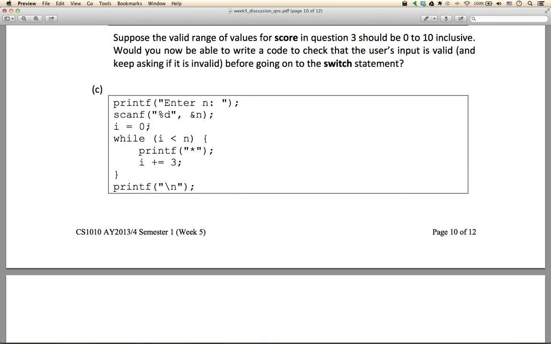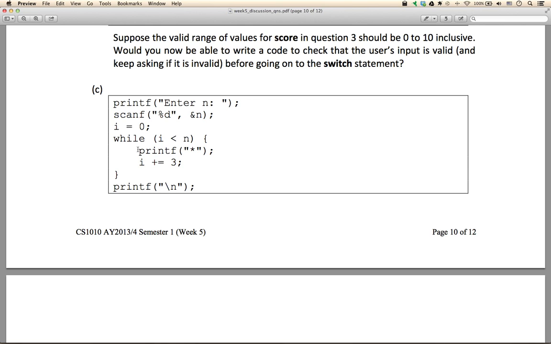In part C, first of all, it reads an integer and assigns it to n, and then i equals 0. Whenever i is less than n, which is the user's input, I print out a star, and i += 3, which means this variable i increases by 3 each time, until i's value is greater than or equal to n.